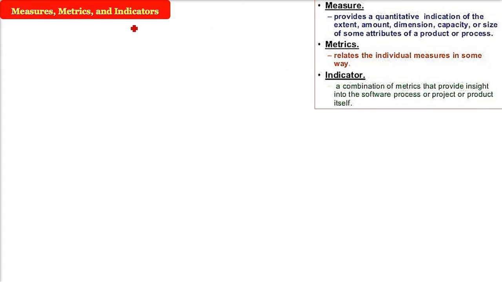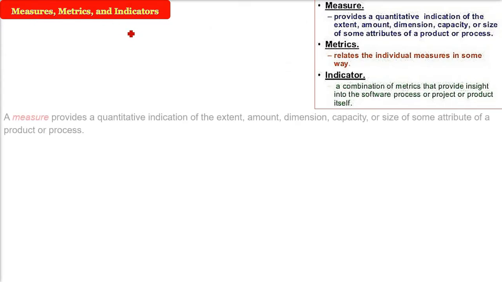Measures, metrics and indicators. These are the three things we will be talking about, and they are quite close to each other. First, the measure. The measure provides a quantitative indication.